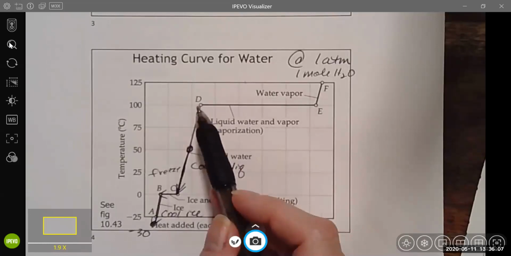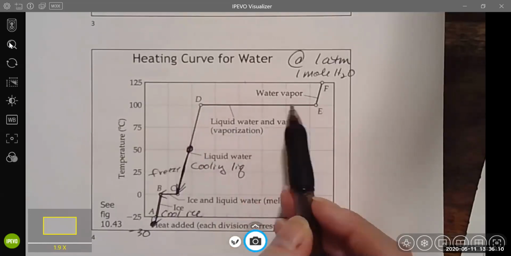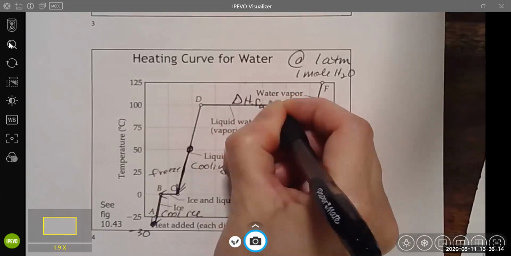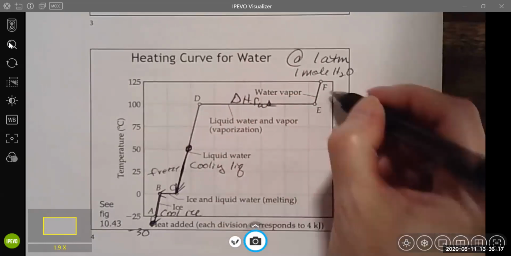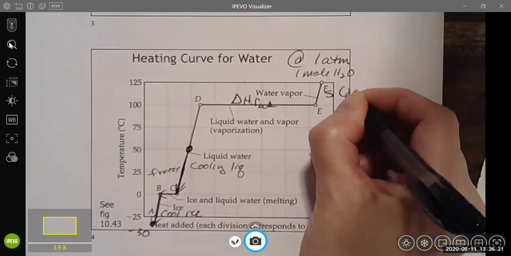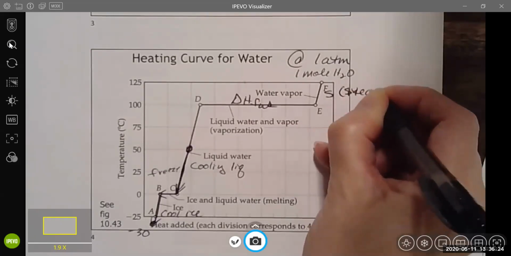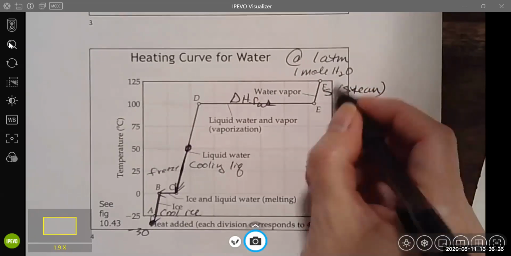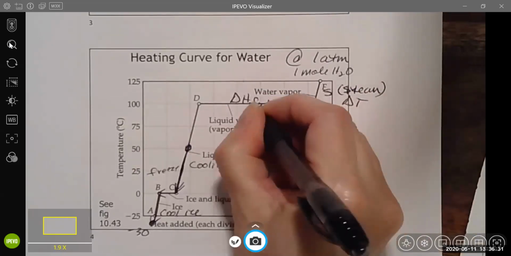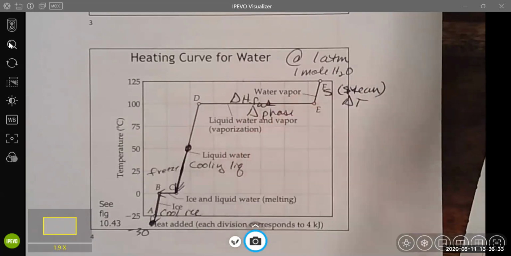In order to get this step, you'd have to use the delta H of fusion. In order to do this step, you'd have to use the specific heat for the steam or the gas. So this would be a delta T step. This would be a phase change step, okay? So the same equations, but you'd have to use different constants. You could do anything from a 1-step to a 5-step.